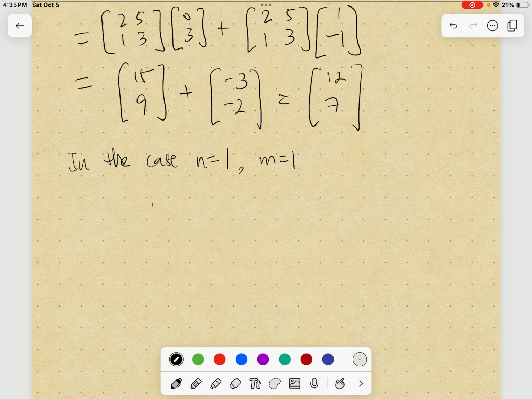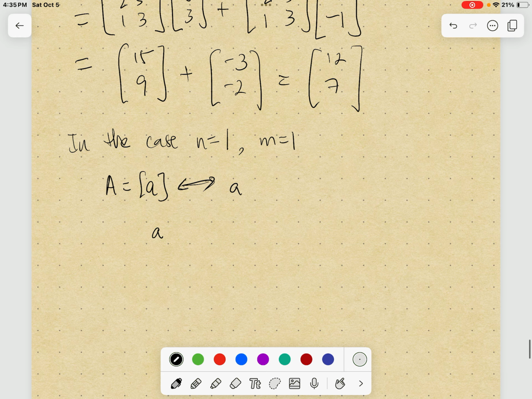So let's just call it A, which you can identify with the scalar A. And then the theorem says that A times your vectors, and if n is 1, your vectors are just single numbers.